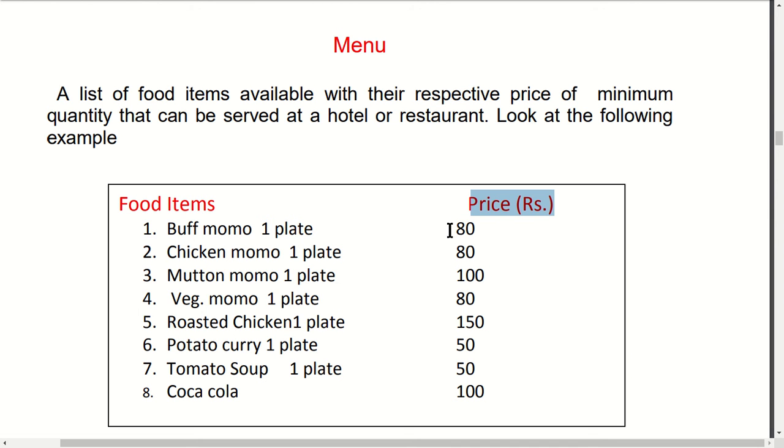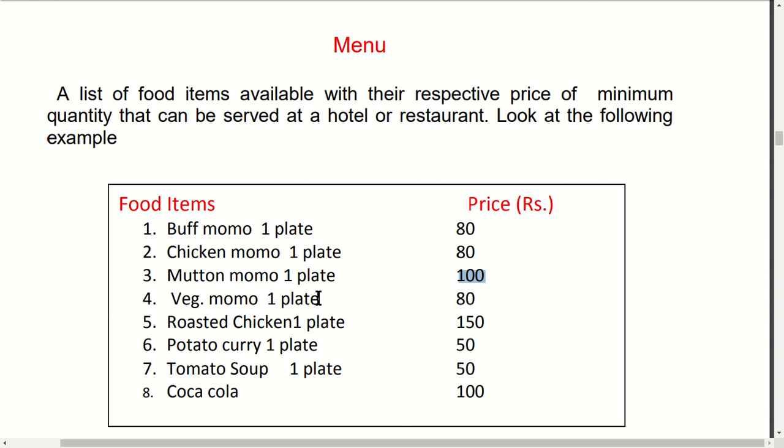That is the sense there. Then chicken momo here, 1 plate 180 rupees. Okay, mutton momo, khasiko masu. Mutton means khasiko masu, bakhrako masu, bhedako masu. 1 plate maybe 100 rupees here, or maybe expensive, I don't know.